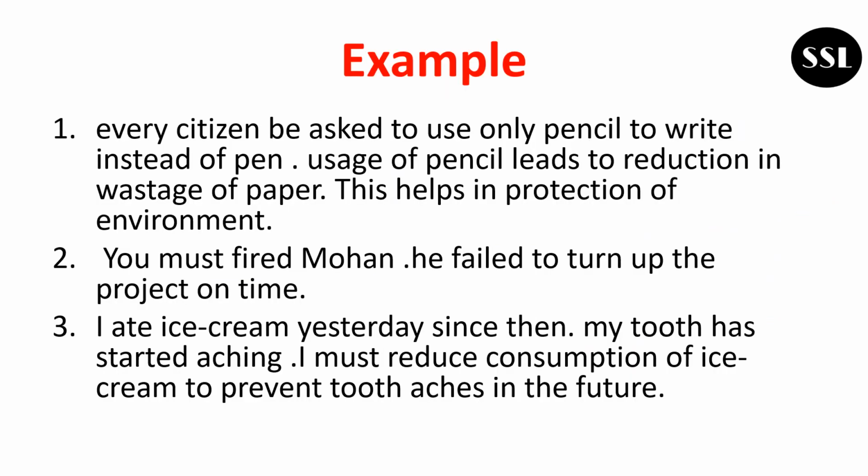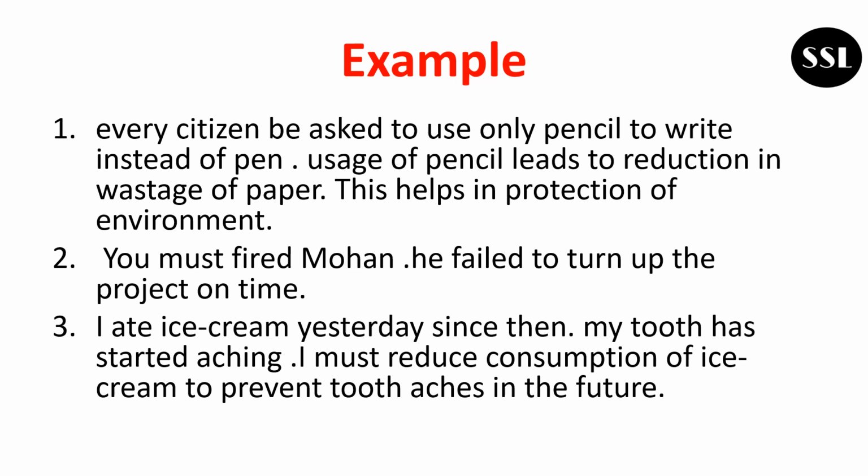The first example is: every citizen be asked to use only pencil to write instead of pen. Usage of pencil leads to reduction in wastage of paper. This helps in protection of the environment. Here, this helps in protection of the environment is our conclusion.